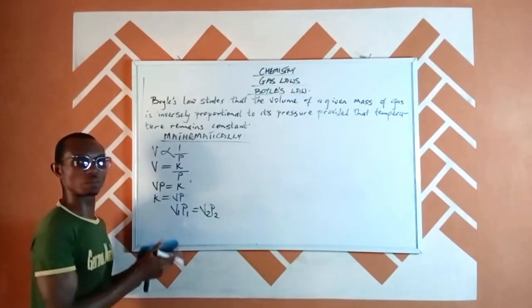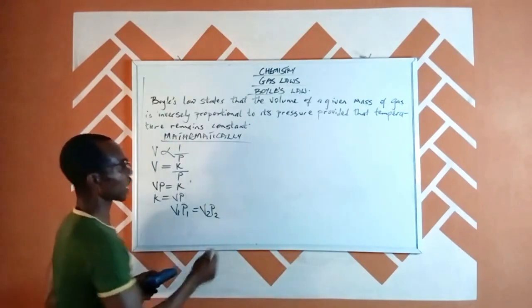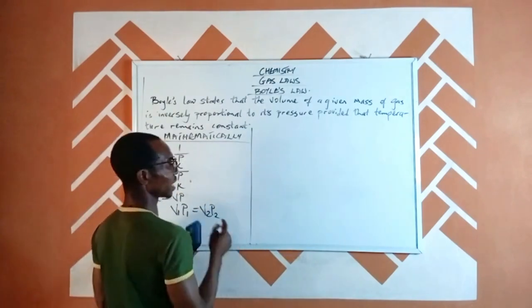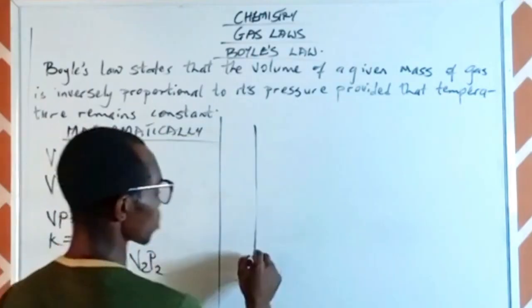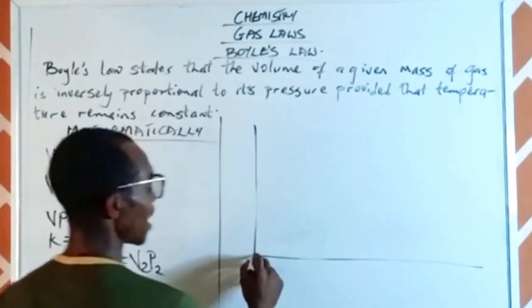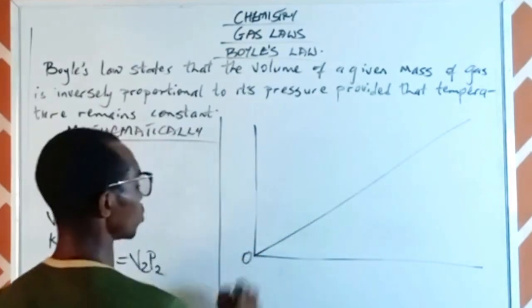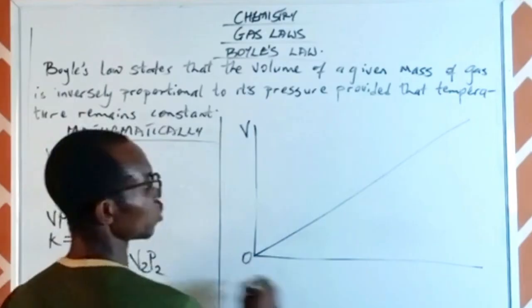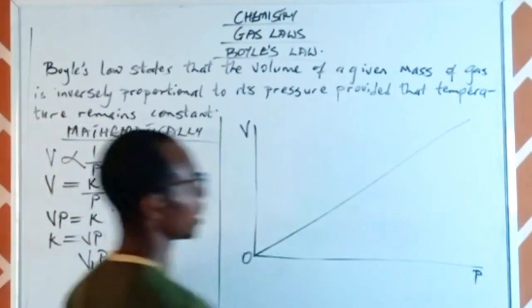There is a graphical representation to this, and that is what I want to put out here. Looking at it graphically, what Boyle was trying to tell us is that, with origin O, let's assume we have our volume here and we have our pressure here.